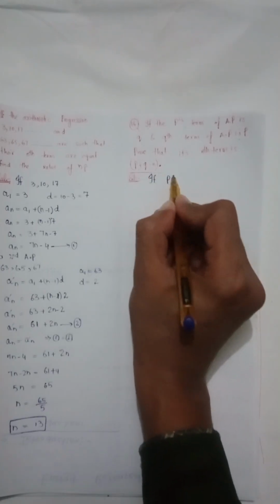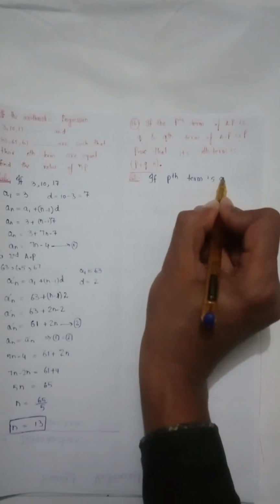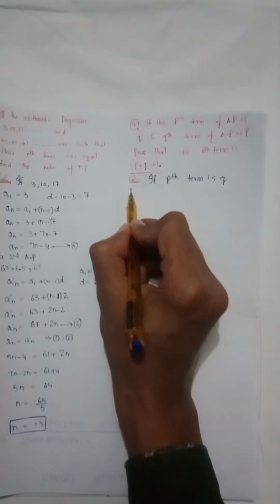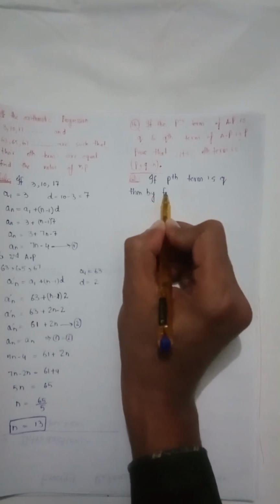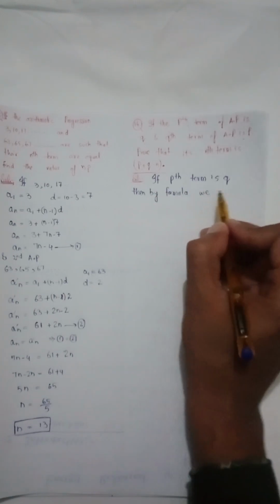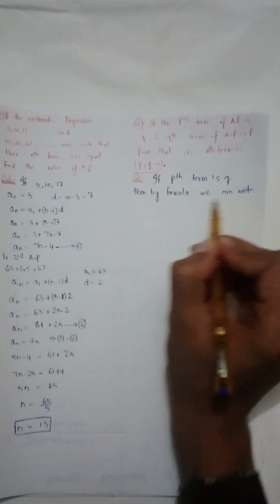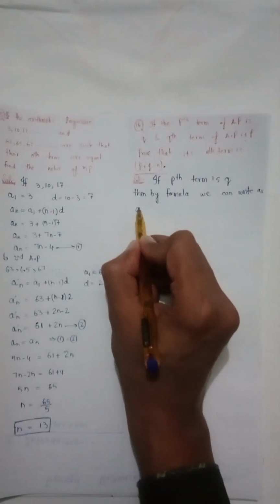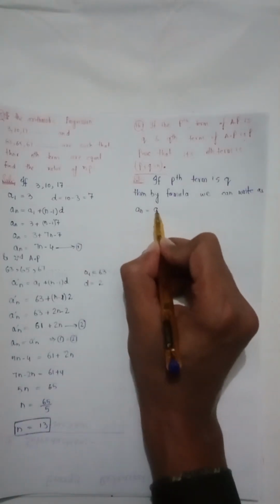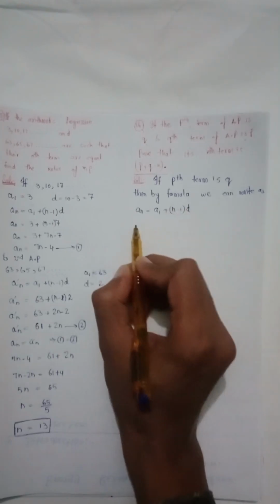If the pth term is q, then by formula an equals a1 plus n minus 1 into d.